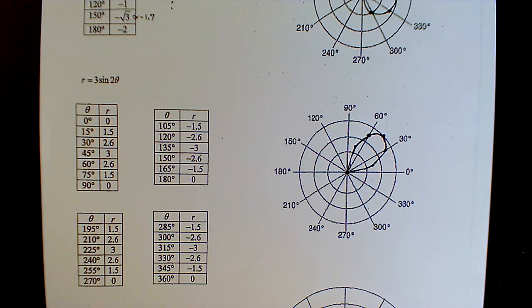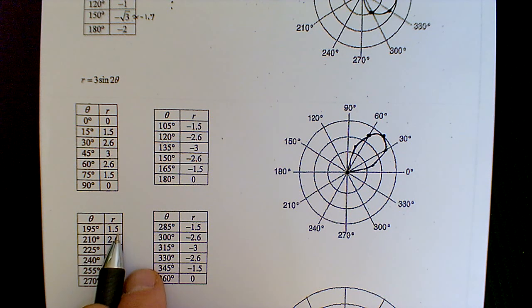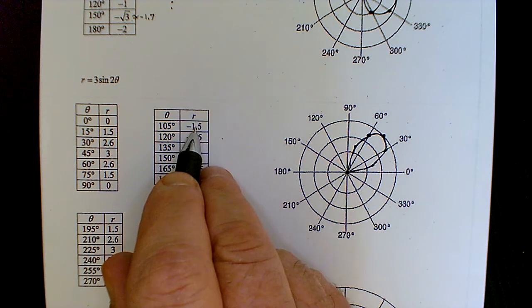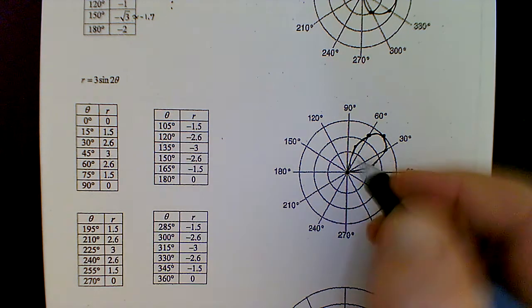Okay, so let's go to this one. I'll keep the angles as being positive for now, or the radii to be positive. All right, now let's do the negative one for fun. 105 degrees.